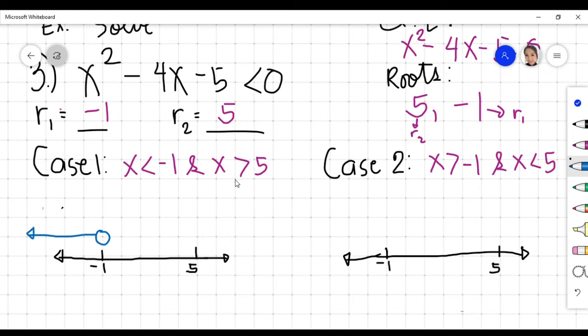And for x greater than 5, an unshaded circle above positive 5, and it moves to the right. Now, do we have an intersection? Obviously not. So this is what we call an empty set, meaning there is no intersection on this part.